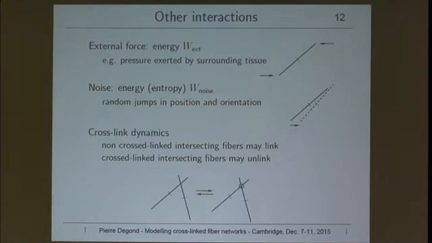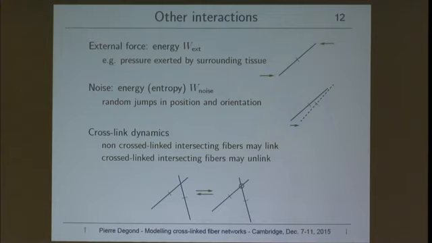There is some noise, so there is an entropic term that accounts for the possibility that the fibers may randomly change position and direction. For instance, in the tissue of a living animal, the animal moves, so the tissue is subject to motion, and that may trigger some random reorientation of the fibers.